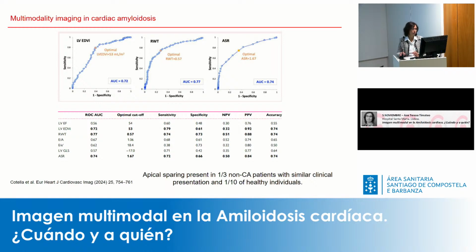Other studies showed the same, with a modest predictive accuracy of the apical sparing ratio, and this pattern is present in 1/3 of patients without cardiac amyloidosis with a similar clinical presentation, and even in 1/10 of healthy individuals. So this can point us to this possible diagnosis, but it is not very specific or sensitive for the diagnosis.